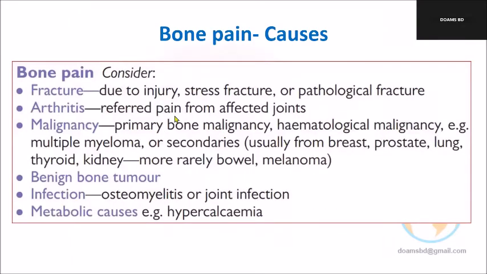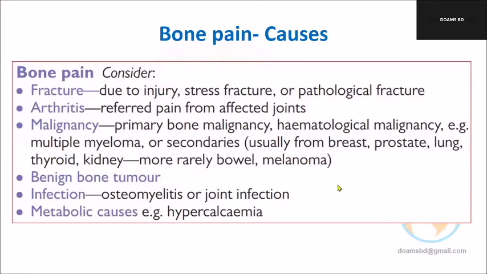Now, we would like to discuss bone pain a little bit. And you can see that whenever a patient presents with bone pain, there are multiple possibilities listed on this screen. And I hope all of you understood the different angles of understanding when a patient presents with bone pain.